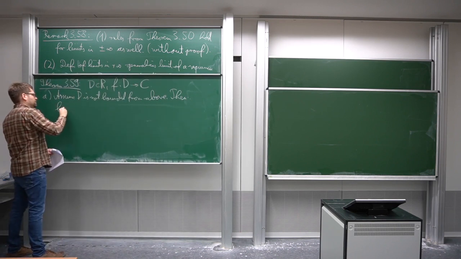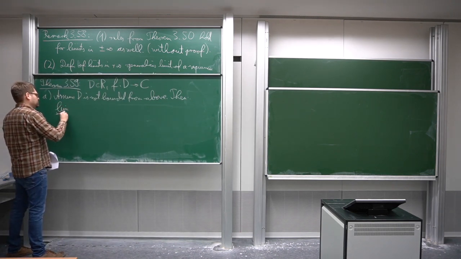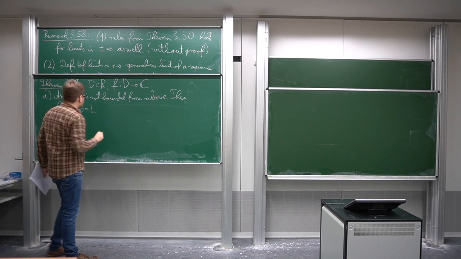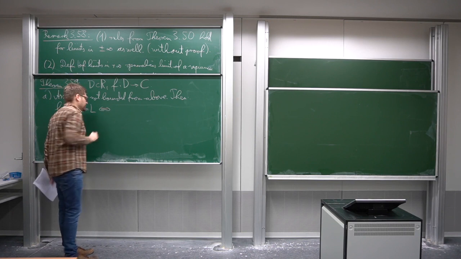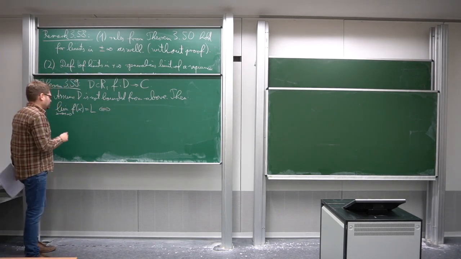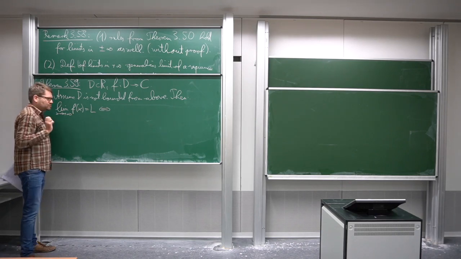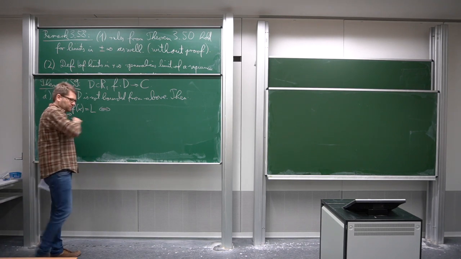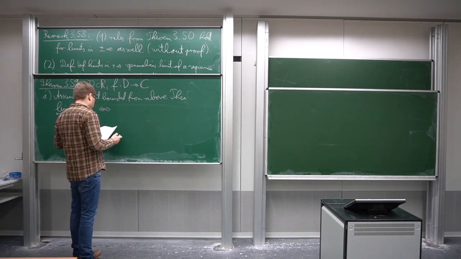the limit of x going to plus infinity of f of x is equal to L. This is the case if and only if for each sequence, and now we need not convergence but divergence to infinity, which we called divergence to infinity. So a divergent sequence which becomes infinitely big.